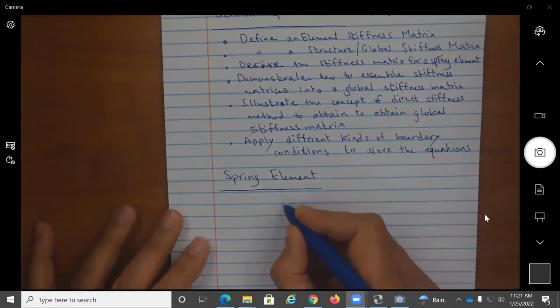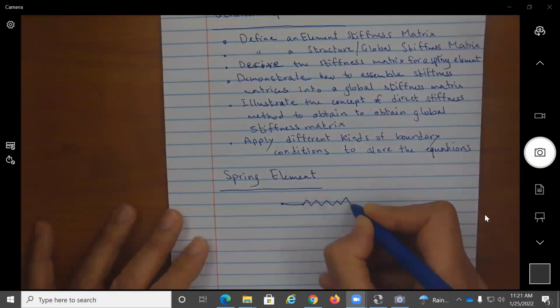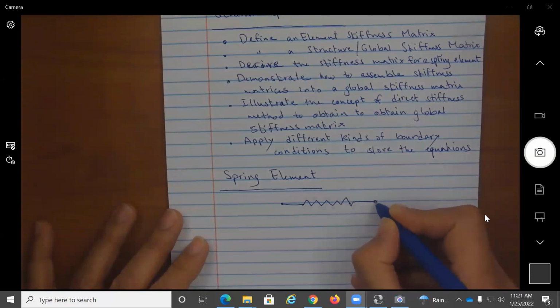In its simplest form, a spring element extends between two nodes, node 1 and node 2.